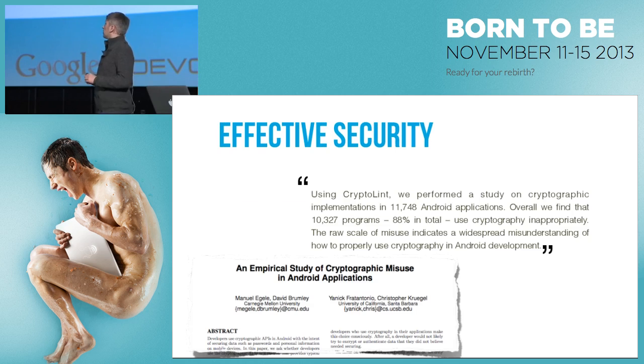This is an interesting study that was only released last month, where a couple of university professors took close to 50,000 applications in the Play Store and analyzed them. And they found that from the more than 11,000 applications that used crypto, a staggering 88% of them had implementation faults.